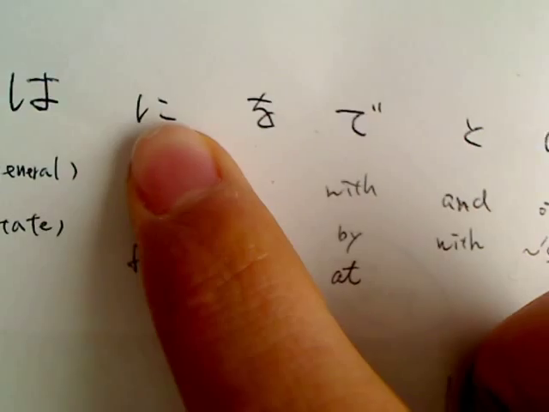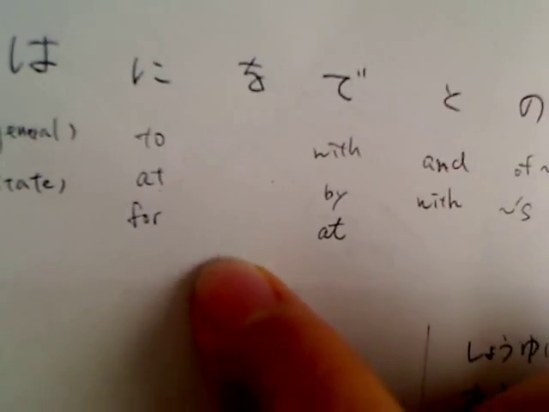So I think the different use of に and で is confusing for Japanese learners. So I hope this video could be a help to you. What I want to insist is が and は are different, and に and で, I know you know they are different.